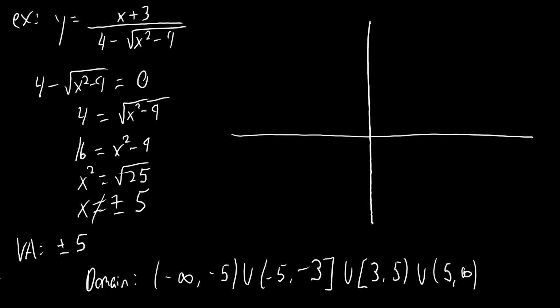Okay, so we're going to have a vertical asymptote at -5 and +5. This is just 5. This is -5. Okay, and we have limits at -3 and 3. We can't have anything in between here, or we will have a negative square root. So this is just kind of a void, right? Really don't need to think about anything inside here. Our graph's not going to be inside there.